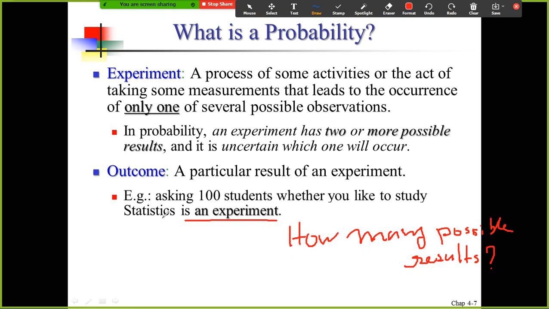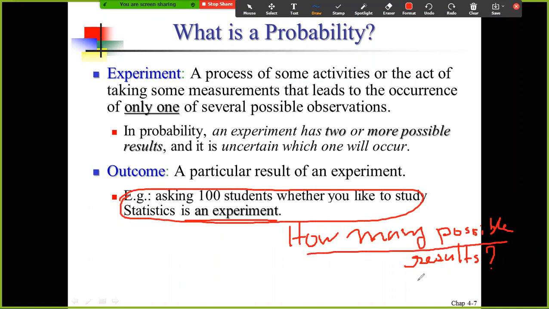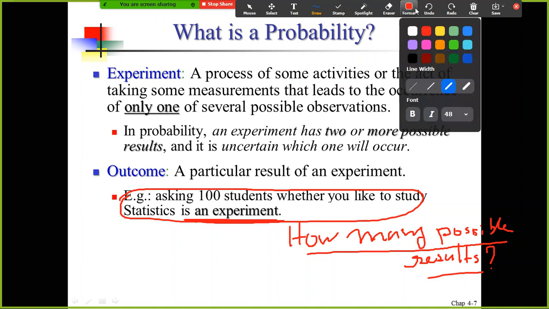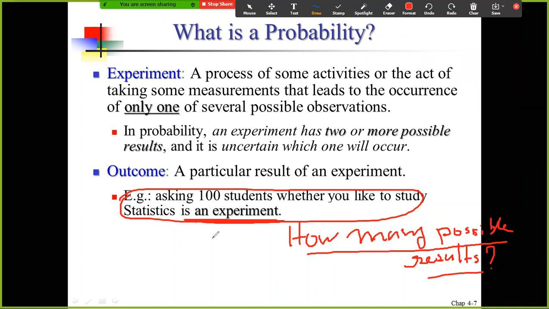My question is, who can answer how many possible results there are from this experiment? I am waiting to hear your answer, and when you answer, you need to explain why you give this number of possible results.